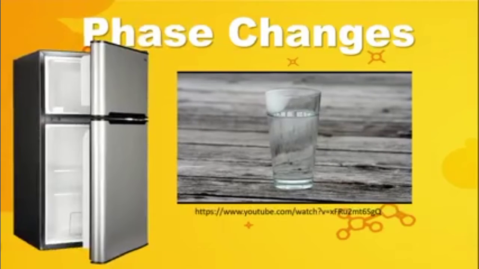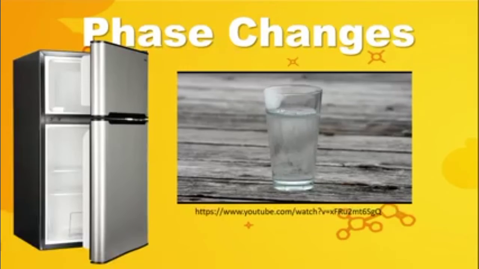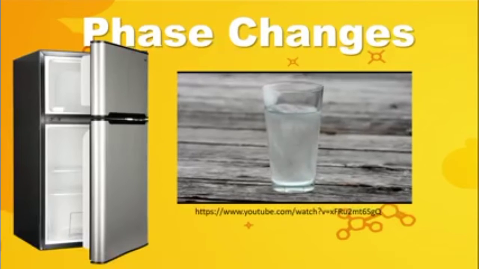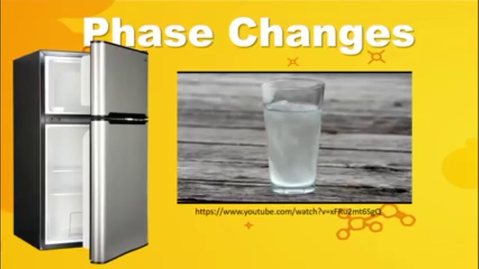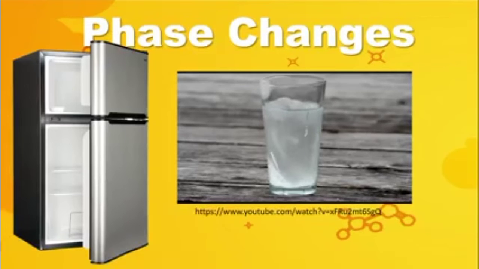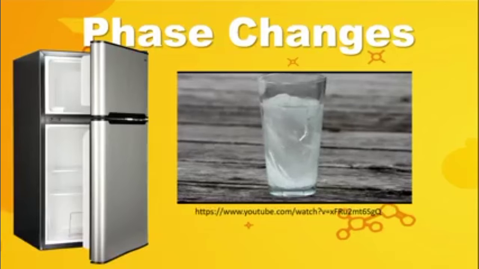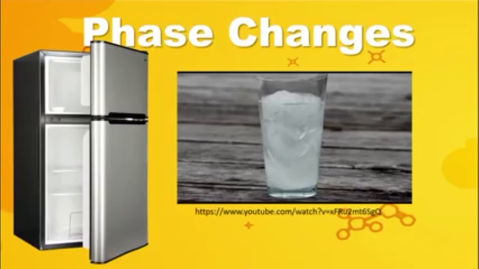When you put liquid water inside the freezer, the cooling system of the refrigerator removes heat energy from the water molecules, as a result of which they have less kinetic energy and move more slowly. As more and more heat is removed, and as the molecules move more slowly, the forces of attraction between the molecules cause the molecules to be aligned.